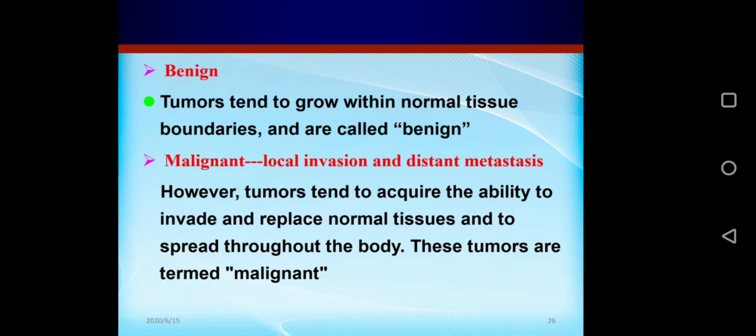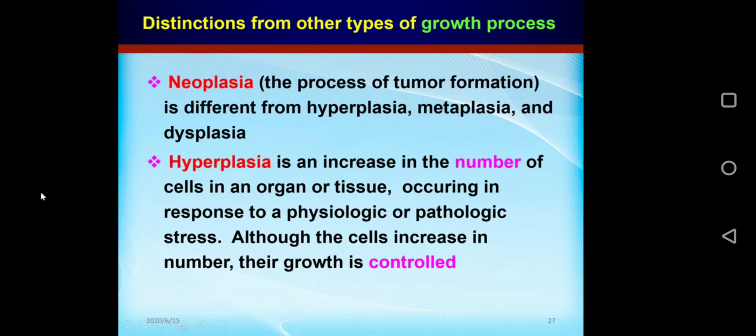However, tumors that tend to acquire the ability to invade and replace normal tissues and to spread throughout the body are termed malignant. Malignant tumors show invasive features. They can destroy normal tissue. They can show distant metastasis.